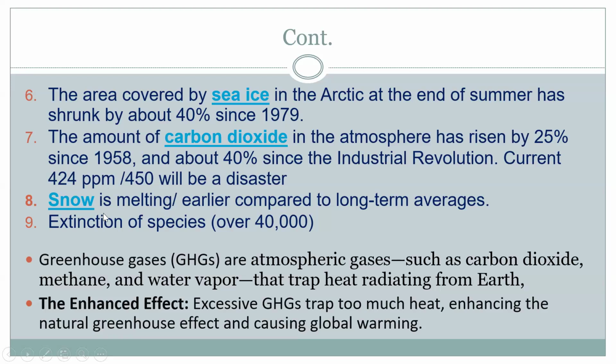And number 8 is snow is melting earlier compared to long-term averages. Extinction of species. It has been identified that over 40,000 species have gone extinct.